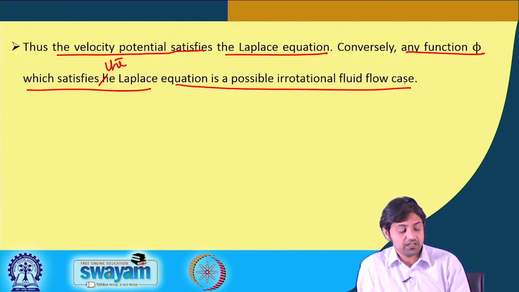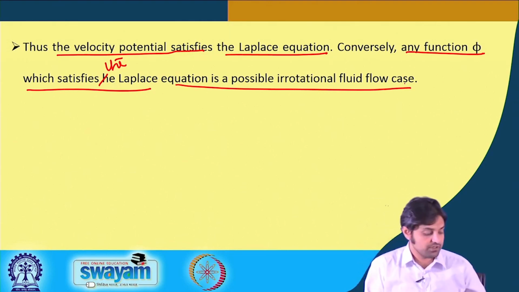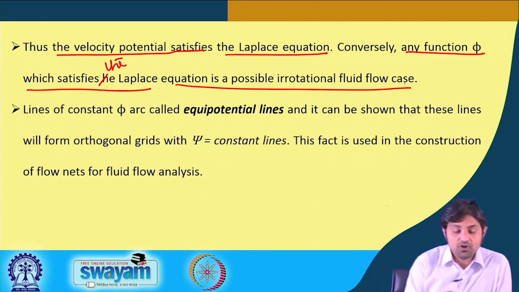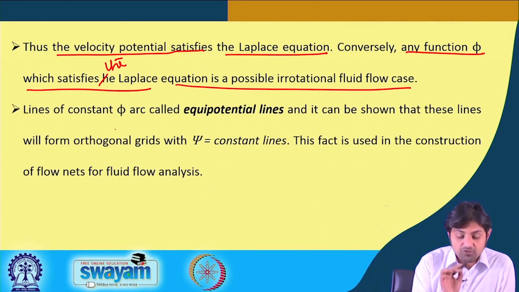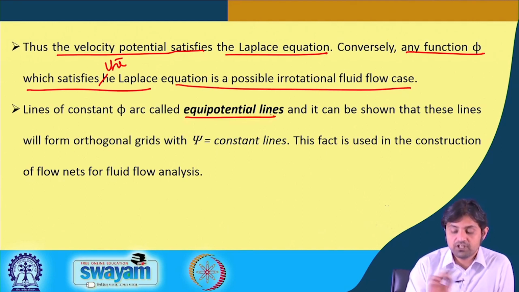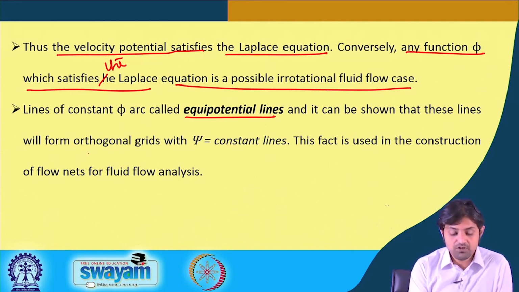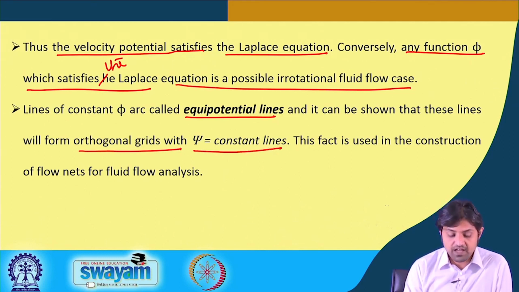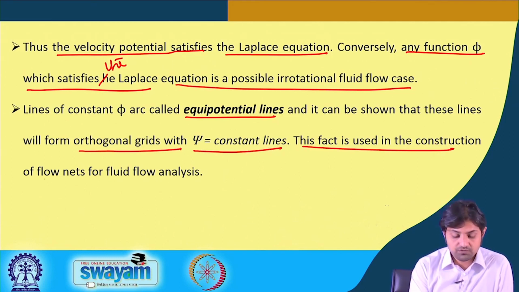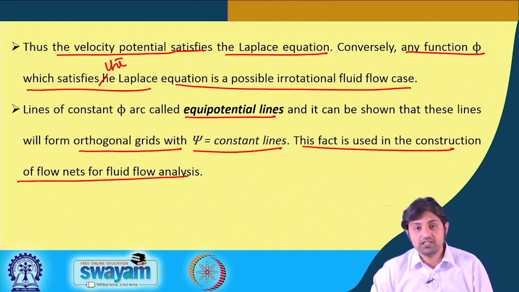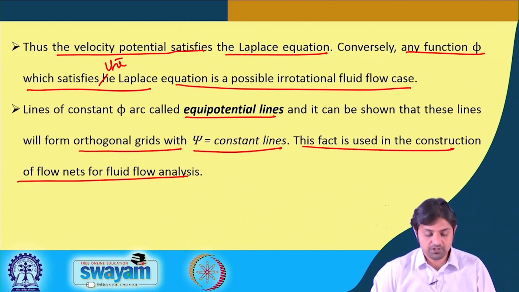Lines of constant phi, velocity potential, are called equipotential lines. This is again an important concept, and it can be shown that these lines will form orthogonal grids with psi equal to constant lines. This fact is used in the construction of flow nets for fluid flow analysis. We can talk about it more later.